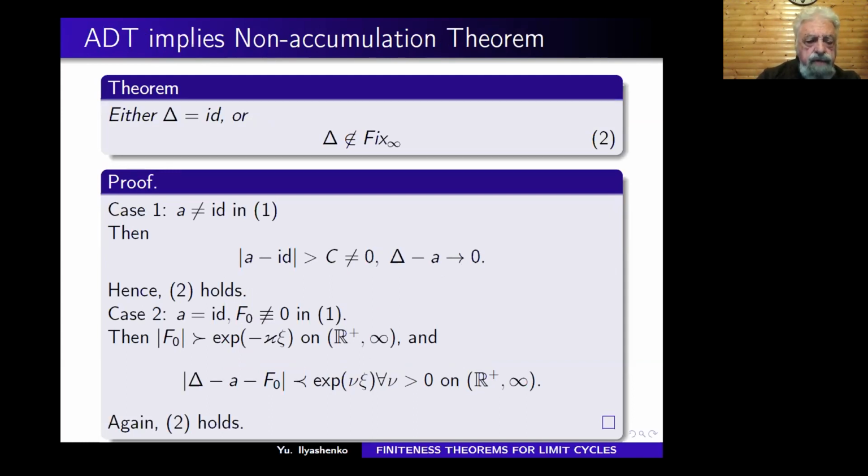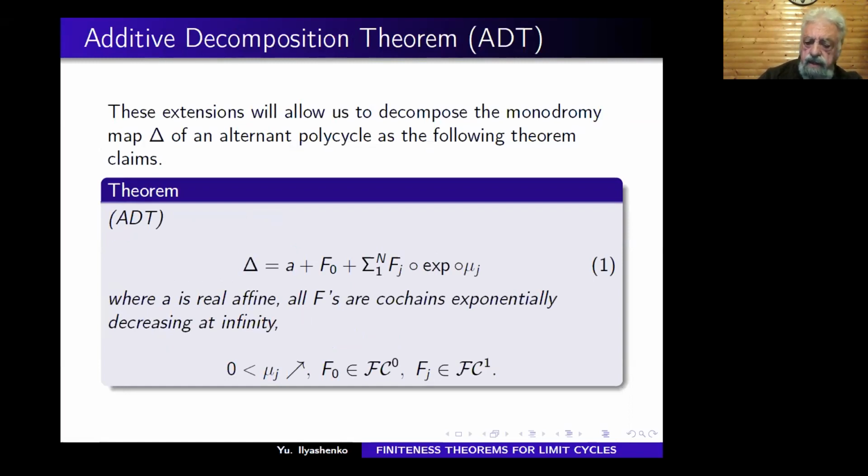First of all, if the affine part is non-identical, then the difference between A and identity is greater than some constant, and the sum of all other terms, delta minus A, tends to zero, so the difference between delta and identity cannot be zero near infinity.